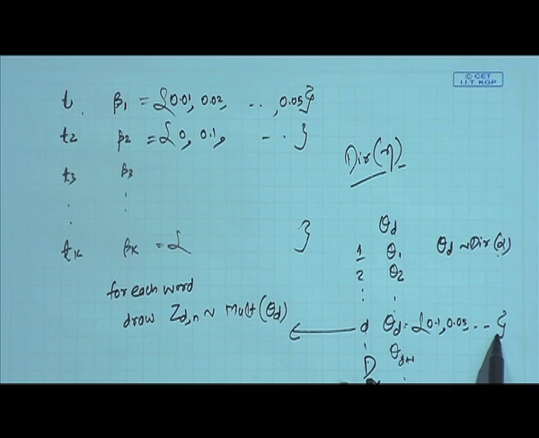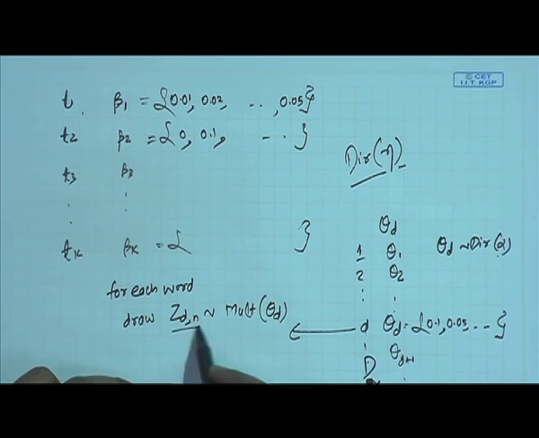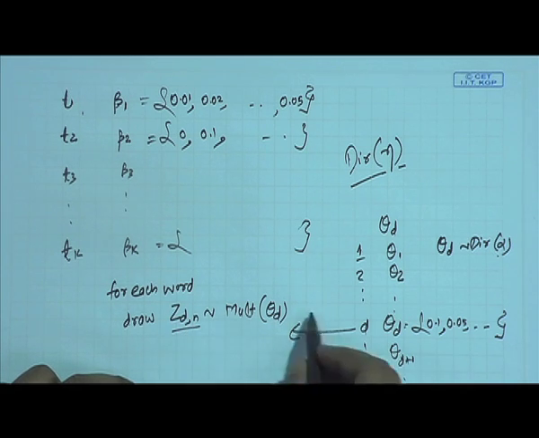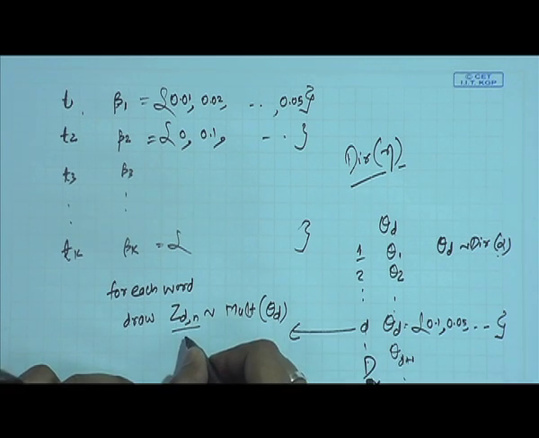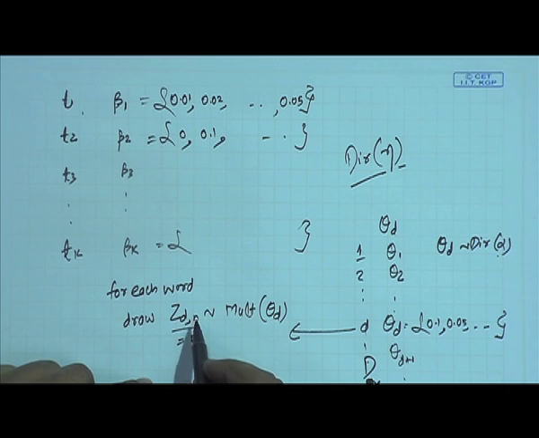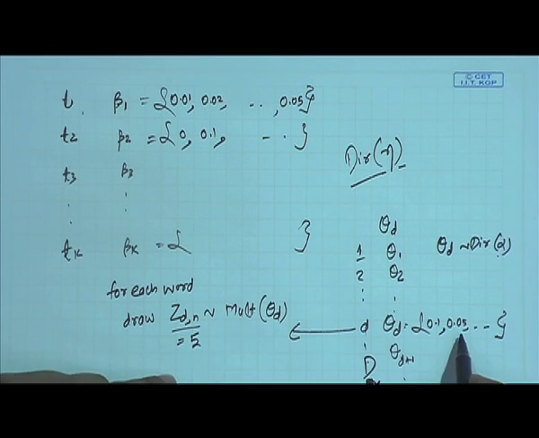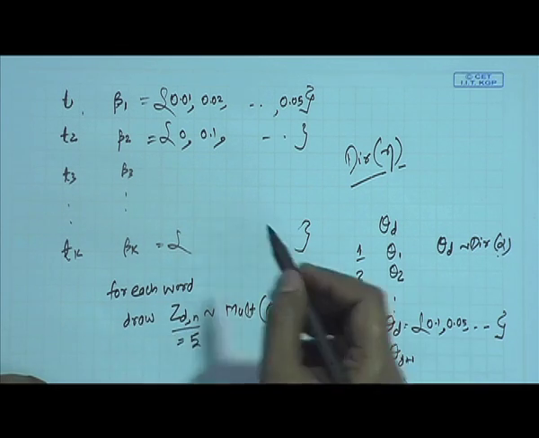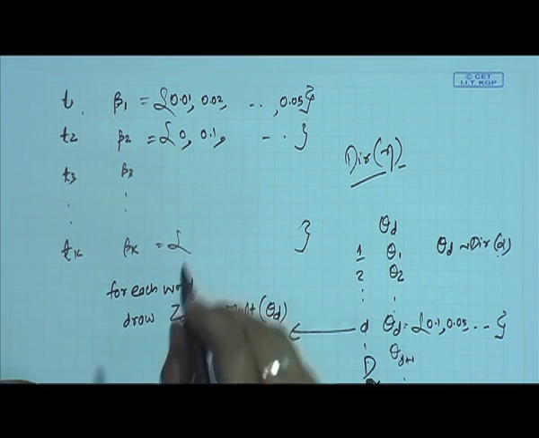Theta d is a probability distribution, a multinomial distribution, and from there you sample one topic. This is a distribution over K topics. Suppose z_dn is equal to 5, that is, I am taking topic 5. For each word I will draw one, whatever comes according to this multinomial distribution. Suppose this is 5. Now how do I generate the word? I know the topic, and now I have to generate a word.